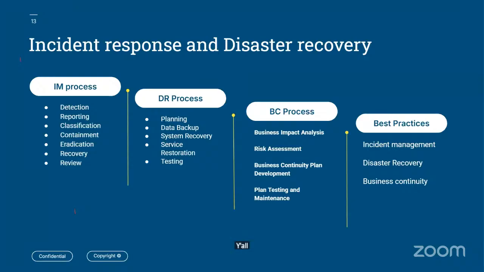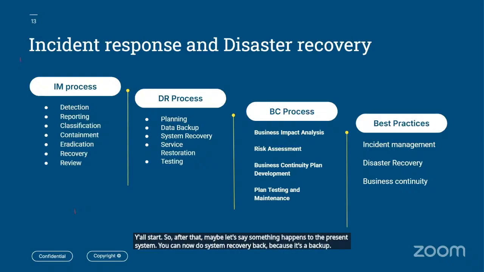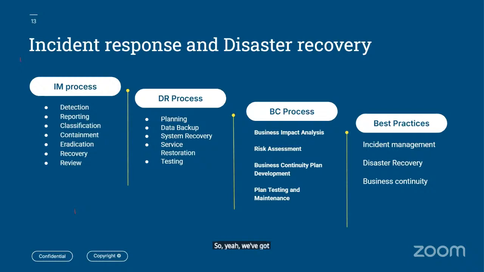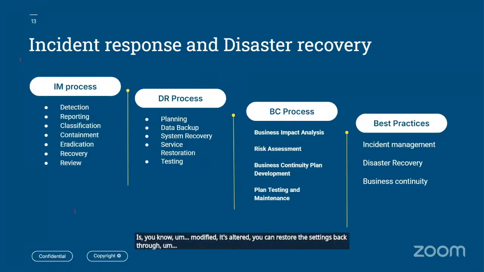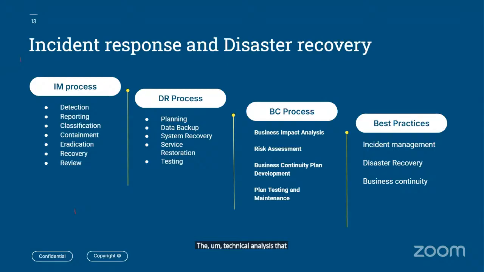So after that, let's say something happened to the present system, you can now do system recovery because it's a backup. So you have what we call service restoration. When the service is disrupted, modified, or altered, you can restore the service back through the technicalities that are involved. Then you do testing. All right.